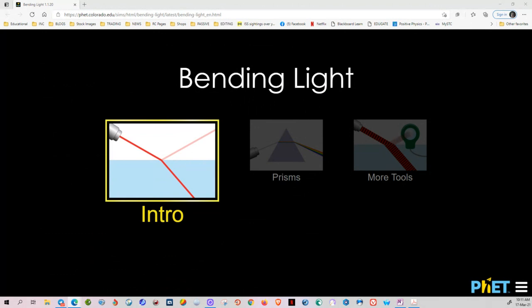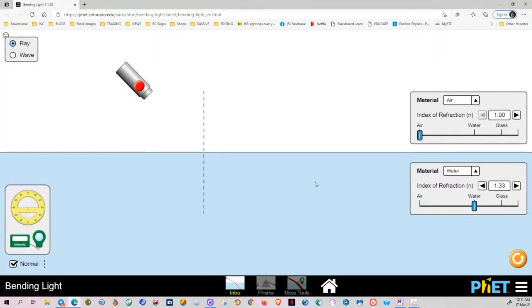Open the link to the simulation, and you can click intro there. It is web-based, it is a browser. If you want, I can send it also to the group chat in Telegram. So that's the simulation.